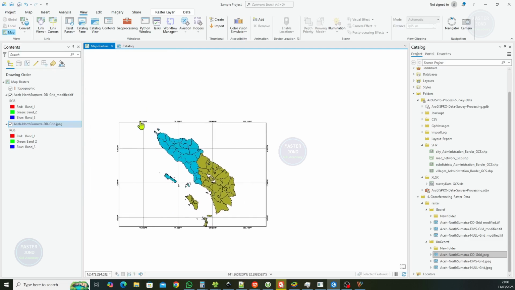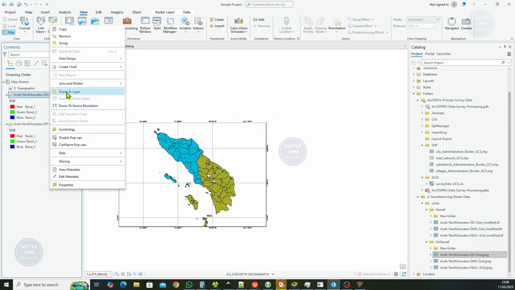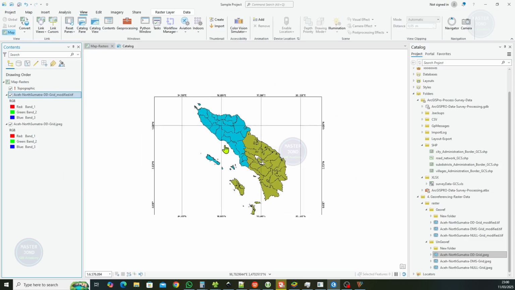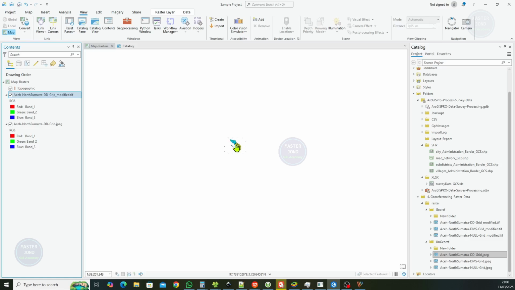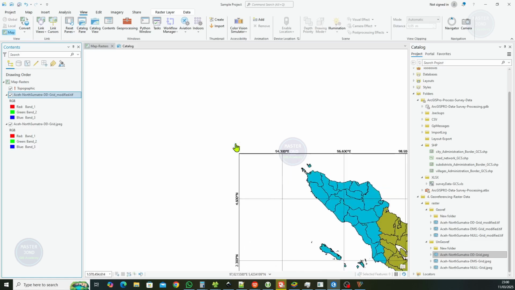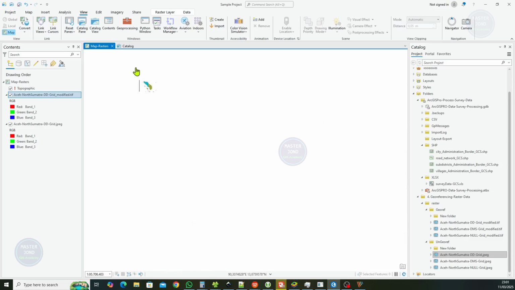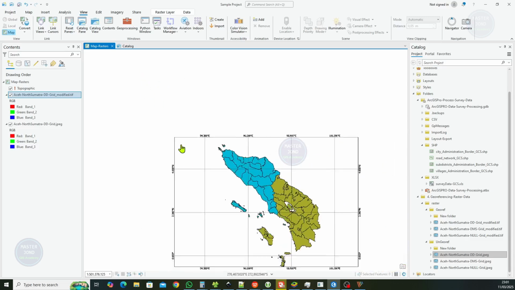So where is our modified, georeferenced one here? Just right click here, zoom to layer, and now we can zoom out. This is the location of our georeferenced one, and the biggest one is the ungeoreferenced one.